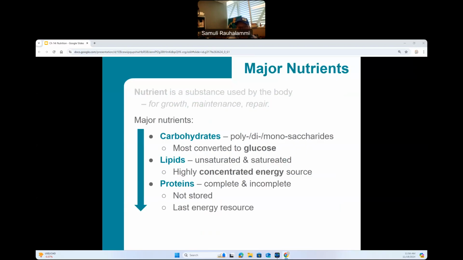Otherwise, if you don't have carbs, you don't have lipids, and you still train and you don't get proteins from your diet either, you can end up consuming your own structural proteins, so your own existing muscle, as a source of energy. So that's something to keep in mind if you're trying to bulk up. You want to have those sources to build those muscles.